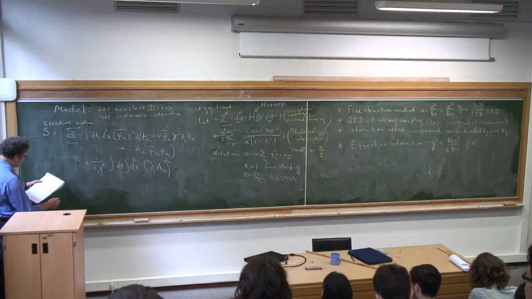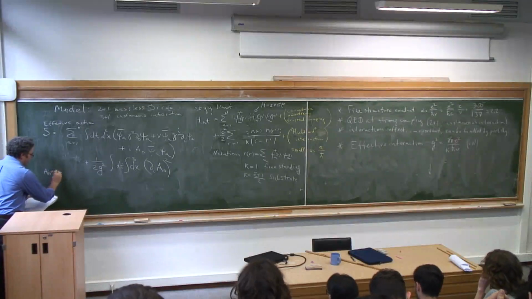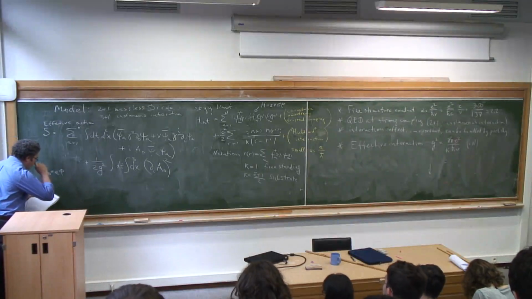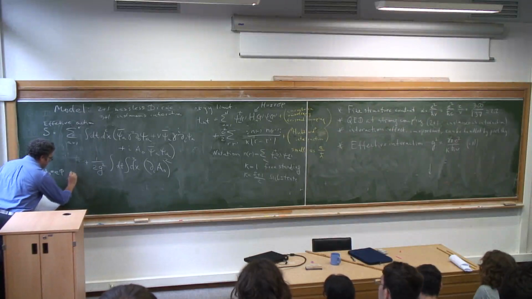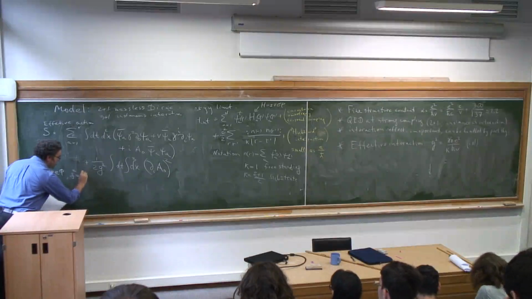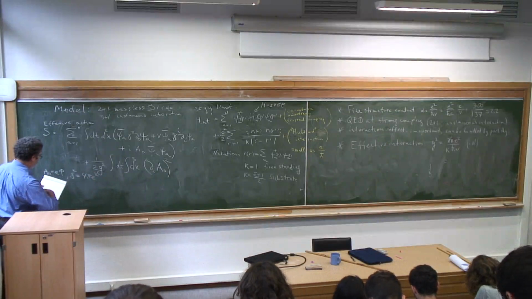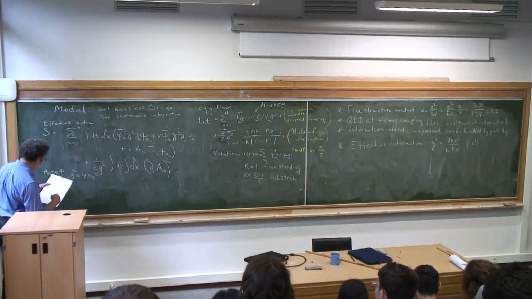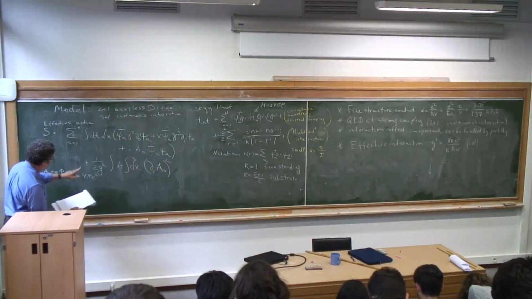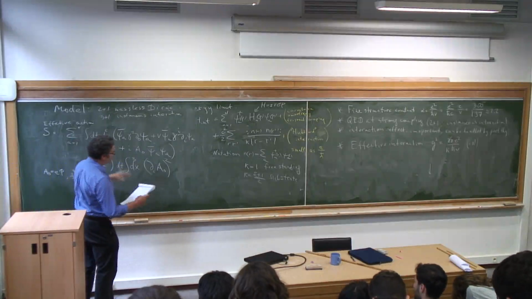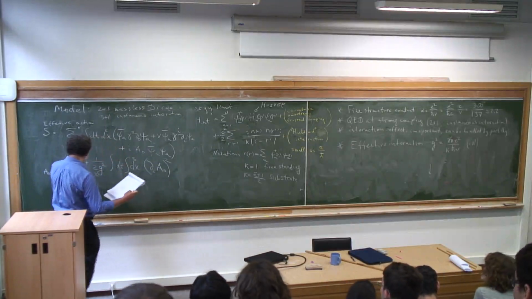Sorry. So this A node is defined as electron charge times electrostatic potential. Then G square will be 4 pi e square, so that this term is just electrostatic energy in 3 dimensions.